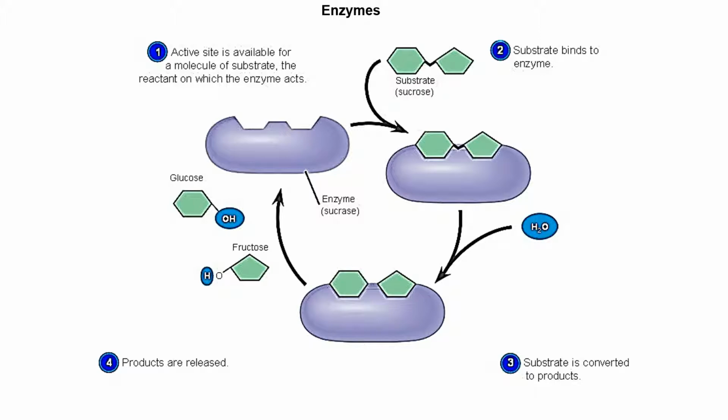Sucrose, being a disaccharide, is composed of two monomers, glucose and fructose, held together by a glycosidic covalent bond. Now, this sucrose molecule will bind to a specific enzyme called sucrase. Notice how the shape of the substrate, the sugar, binds to the little binding site of the enzyme.